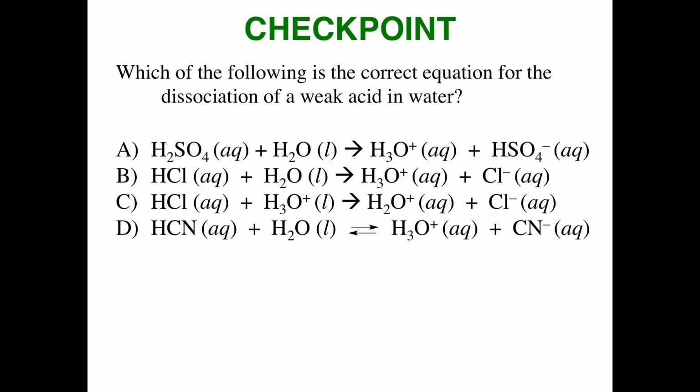B and C the same way. HCl, they're strong acids, so they are not the answer. The only answer there is HCN. HCN is not one of the 6 strong acids, so that must be the weak acid. And how does it dissociate in water? Well, water will accept the proton, so it becomes H3O+, leaving you CN-. Very good.